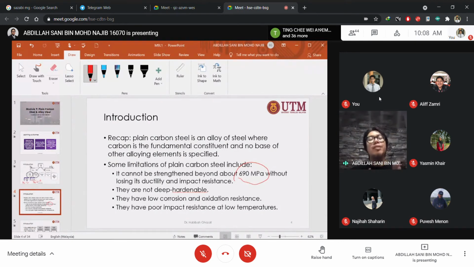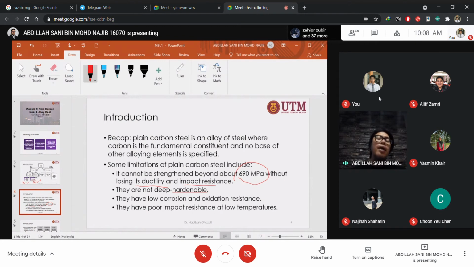So we have the restriction of alloying element as well as the restriction of the percentage composition of the carbon. This results in the limitation of our strengthening mechanism, and we cannot go beyond 690 without losing the ductility and impact resistance.